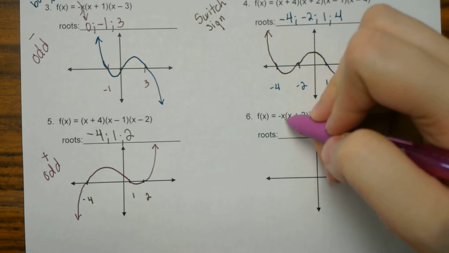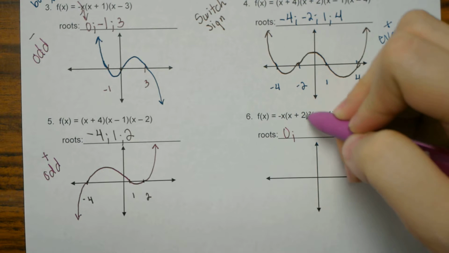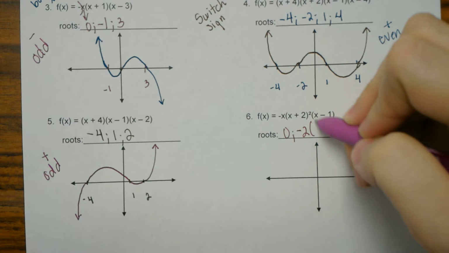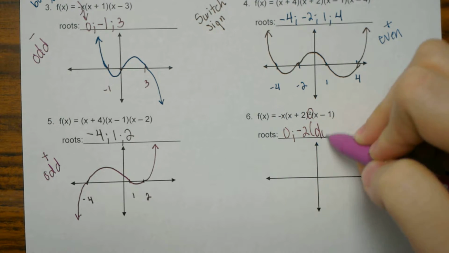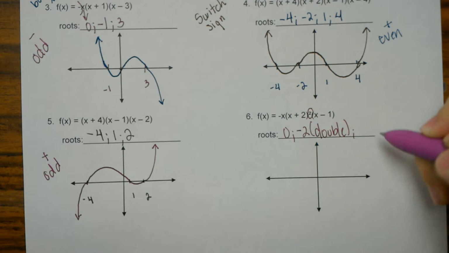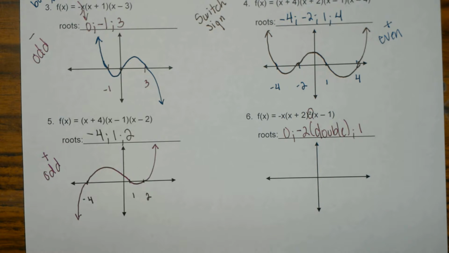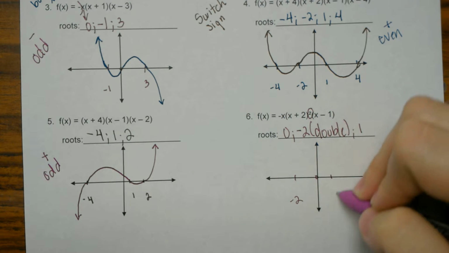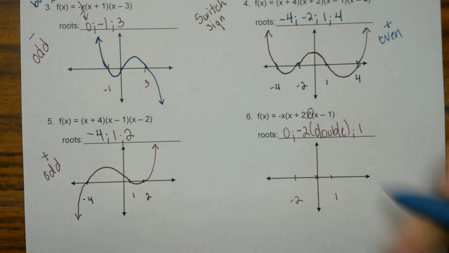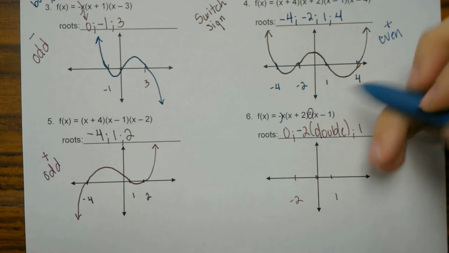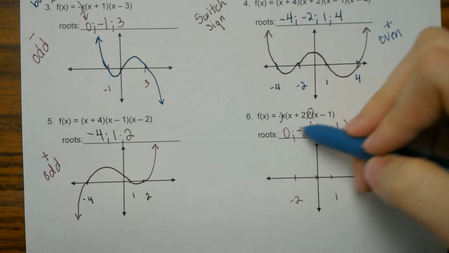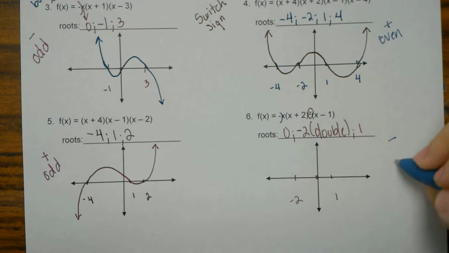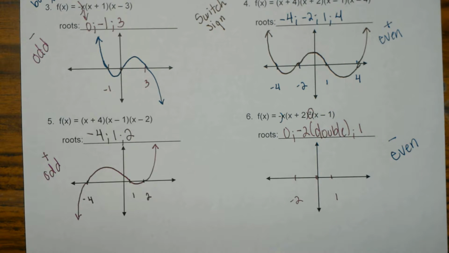So number 6, x, I have a 0, then I have -2, and there's a 2 on it, so it's a double. And then I have 1. So 0, -2, and 1. And it's a negative. And I have 1, 2, 3, 4. So that's a negative even.